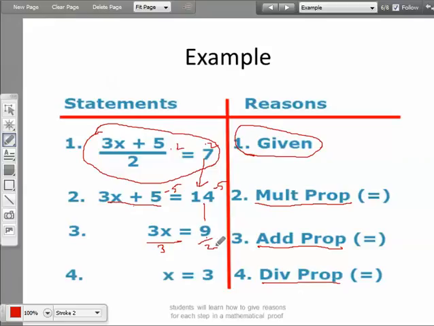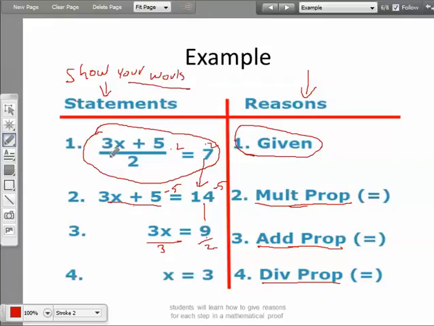This looks familiar. We've done this type of stuff, okay? All we're doing here is writing down on this side some reason as to why we're making these statements. This over here is show your work. Guess what?